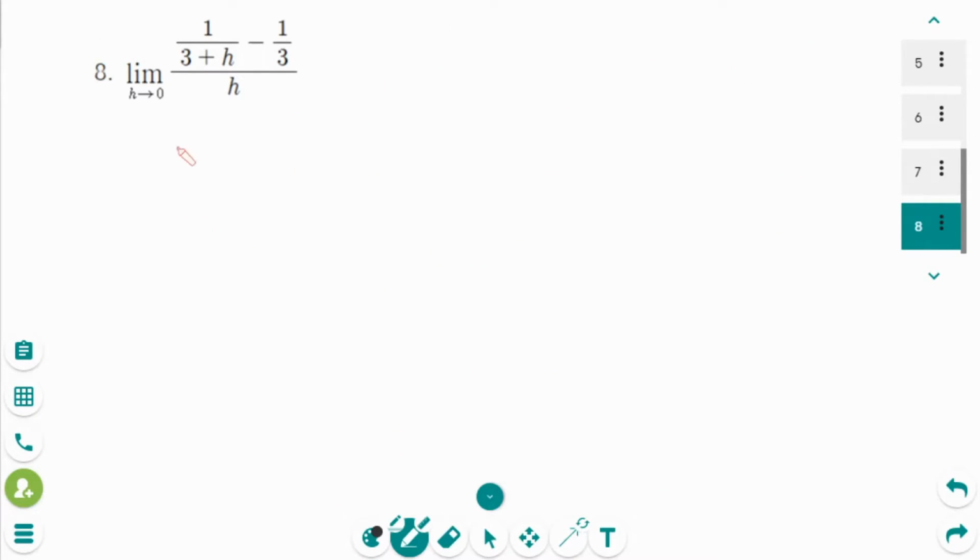This is question 8. This question is in the 0 over 0 form. It is similar to question 6. We need the least common multiple of the numerator and the denominator to make a single fraction. It is 3 times 3 plus h for each side.